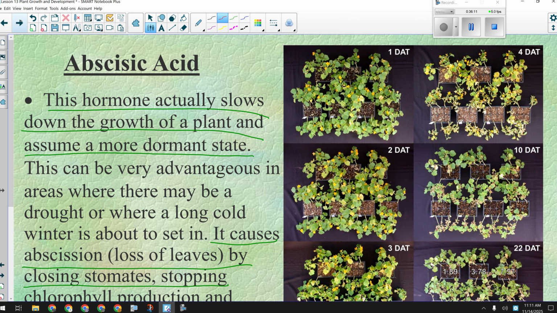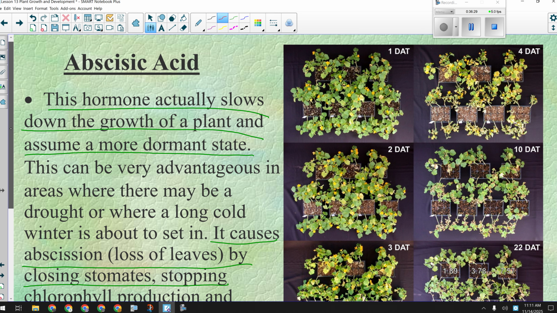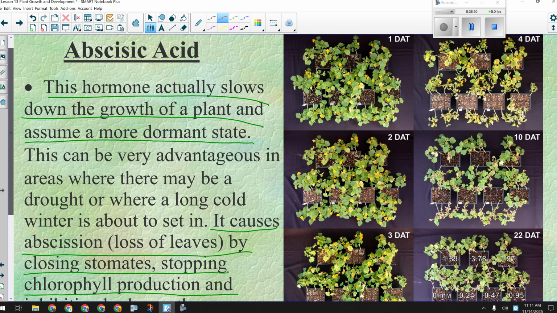Okay, abscisic acid, this is an important one, especially for plants that live in our part of the world. Plants that experience distinct seasons, summer, winter. Give you a minute to write a couple of things down there. I'll scroll it up so you can see all of it. Anything that's underlined, that's going to be important.